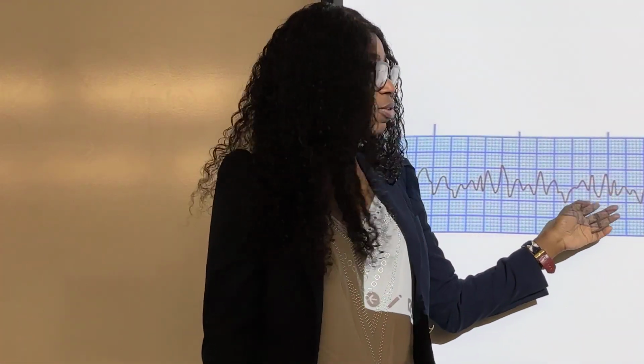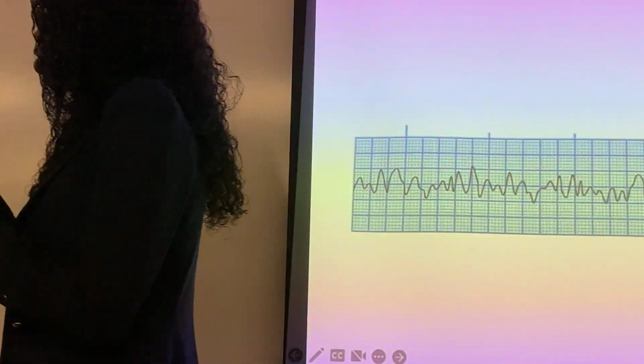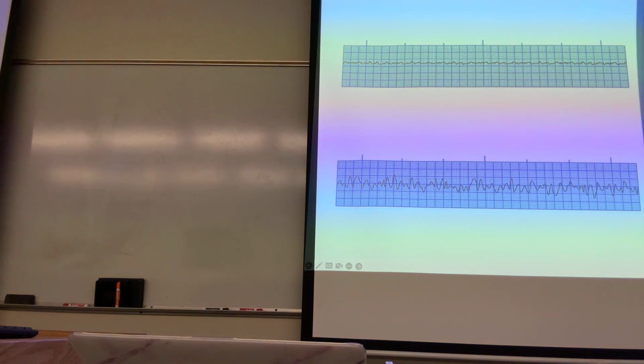It is the strength of a contraction. What's the difference between the strength of this one and the strength of that one? Which one is stronger? The lower one. What would possibly cause this to be less strength?